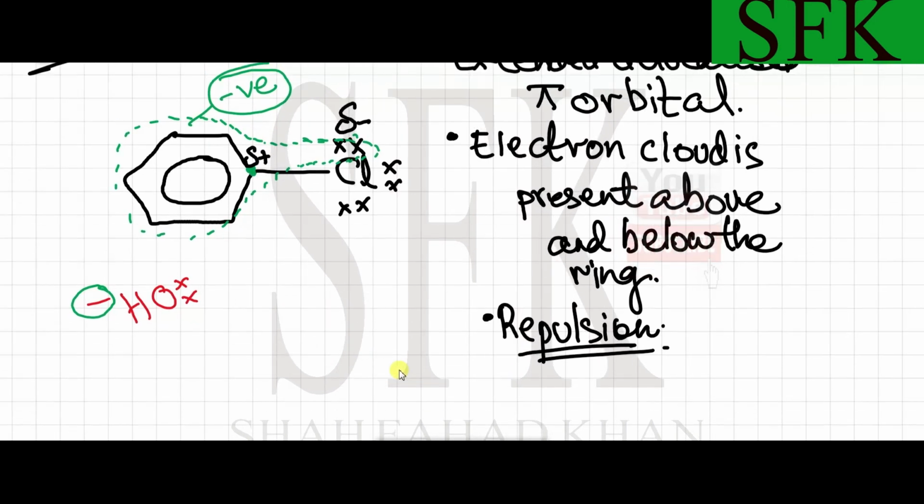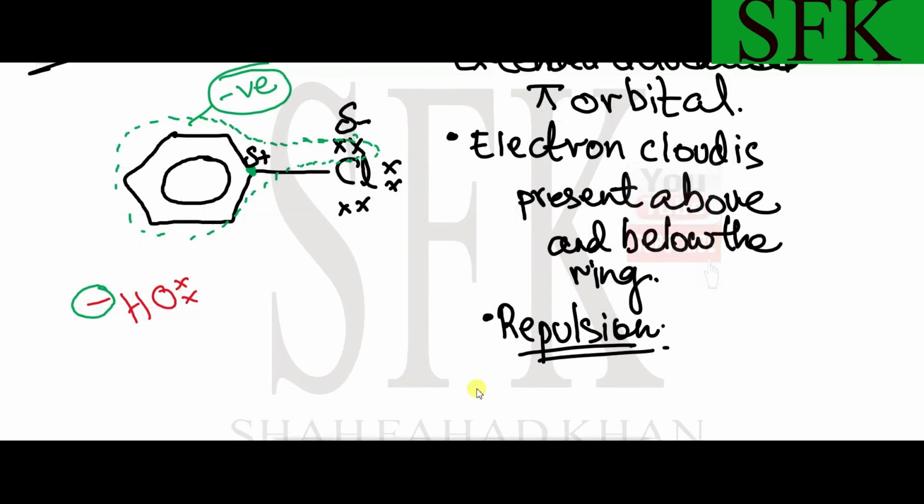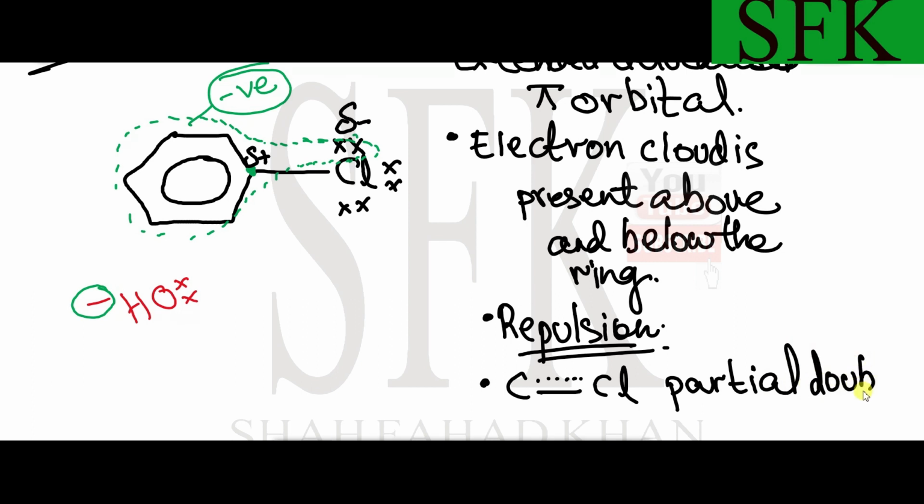One more reason, an additional point that can be added, is that the carbon-chlorine bond gets a partial double bond character. Why does it get a partial double bond character?